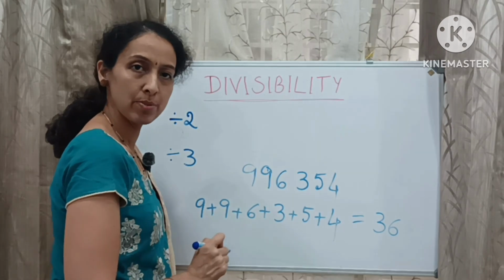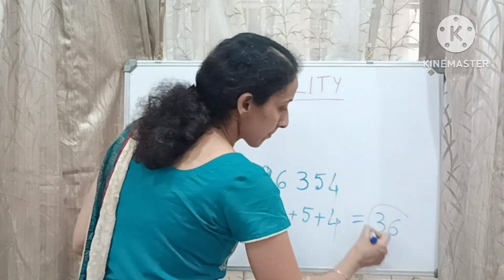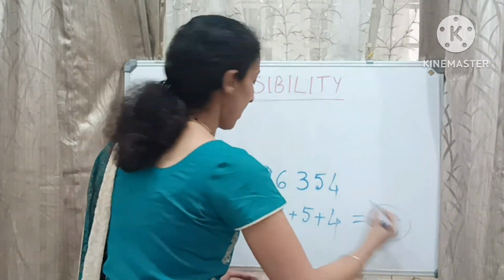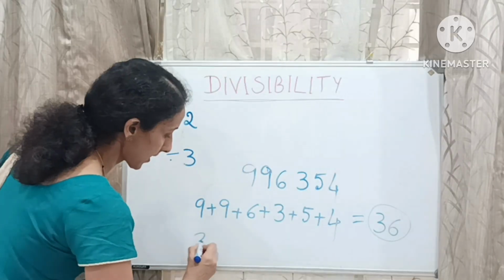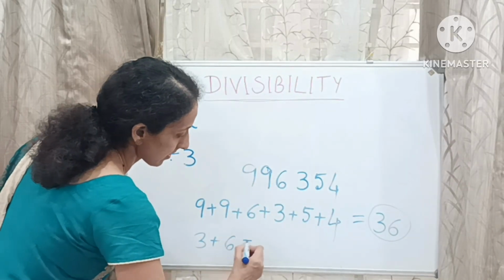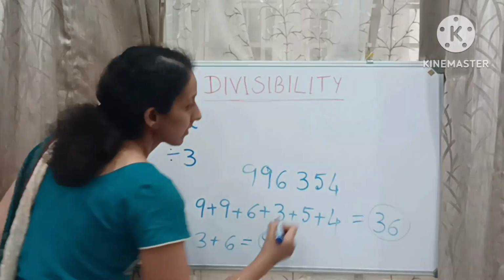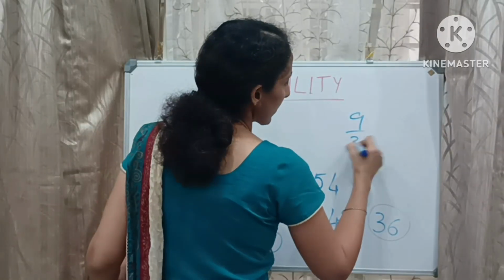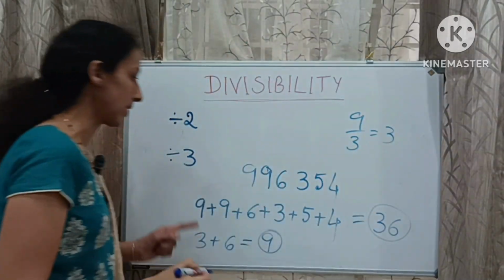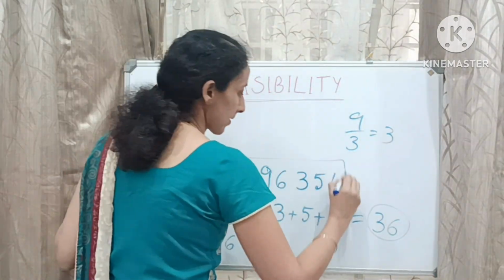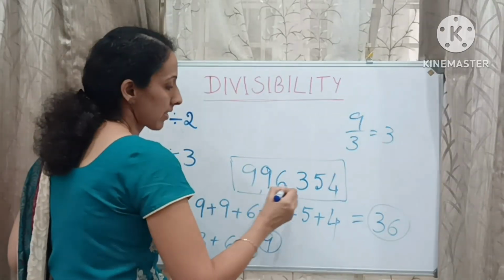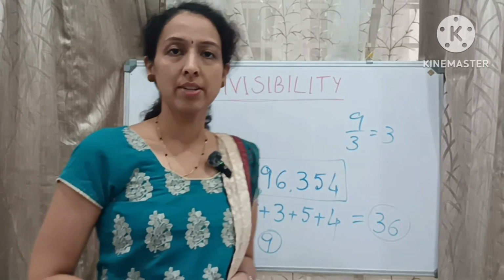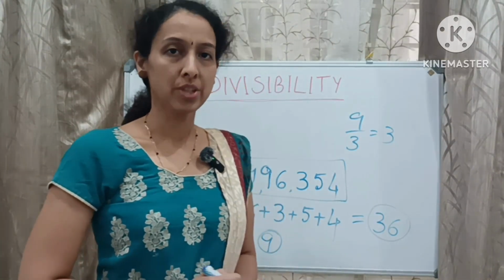Is 36 divisible by 3? Again, if this is a bigger number, apply the same thing. 3 plus 6 is equal to 9. 9 is divisible by 3. That is why this number 9,96,354 is divisible by 3.